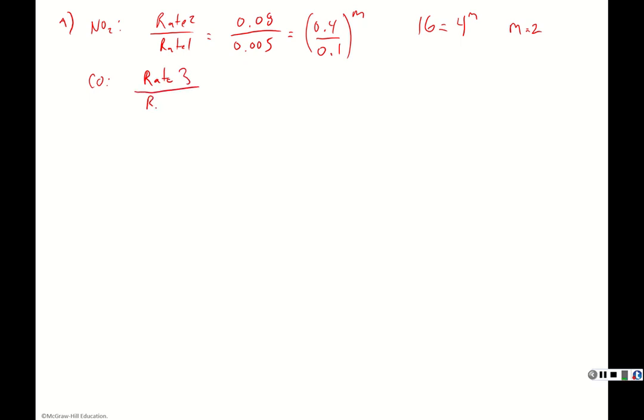Rate 3 over rate 1, that ratio is 1. They're the same. We set that equal to the concentration now of CO. How does that change? We're going from 0.1 to 0.2. So in this case, n has to equal 0.